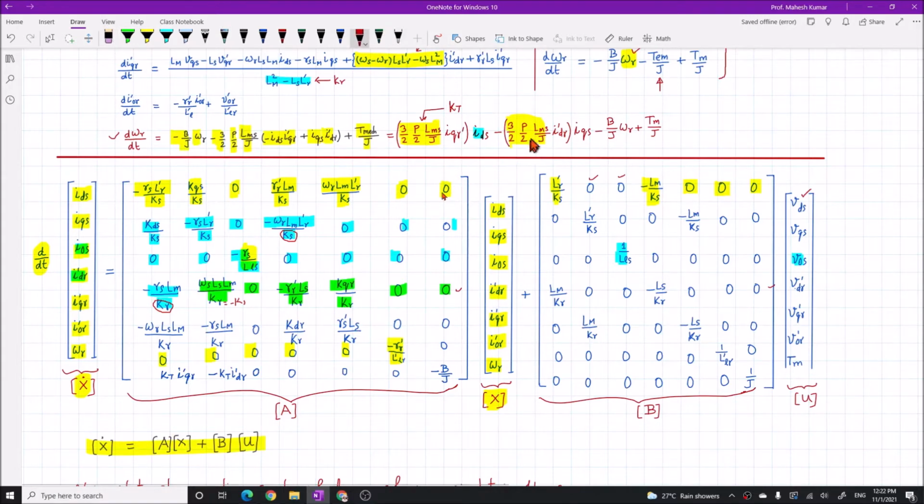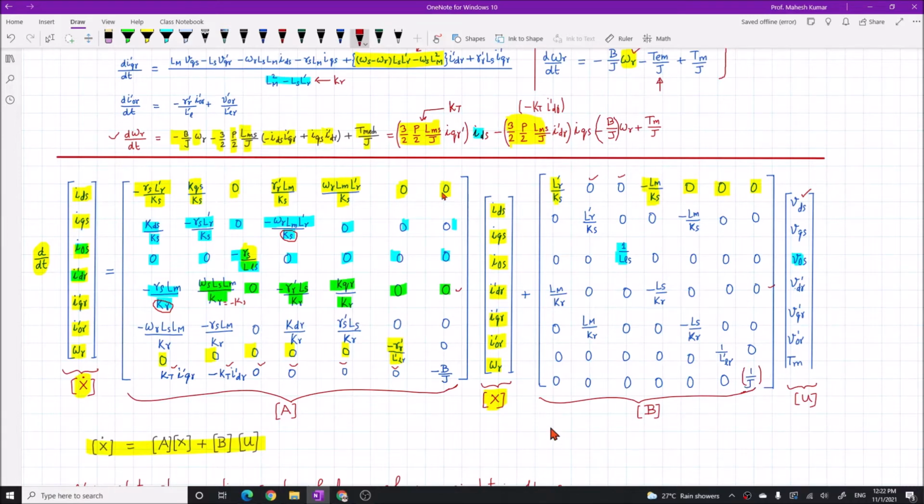This is again KT. So this is minus KT whole thing into IDR', including this sign. So this term becomes minus KT IDR'. So first is KT into IQR', second is minus KT into IDR'. Then there is 0, 0, 0, 0, and the last term is minus B by J, this term, omega r. And Tm by J is coming here.